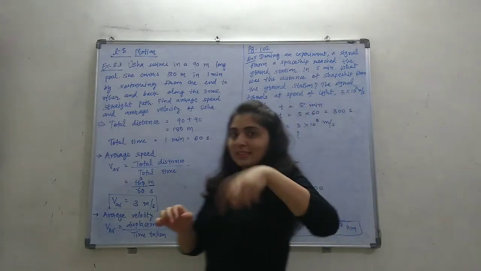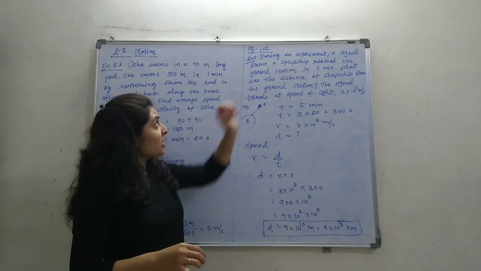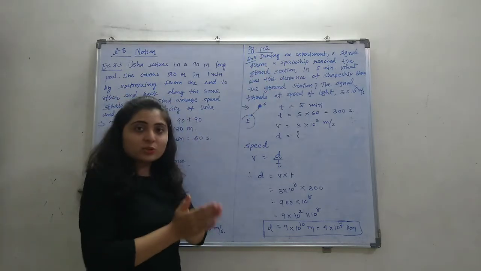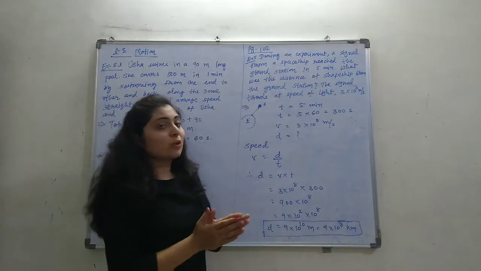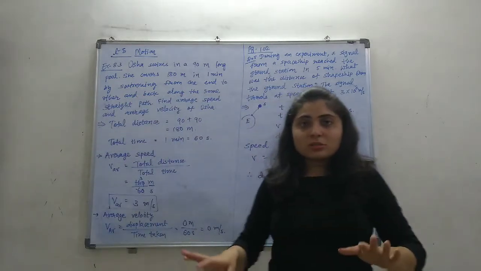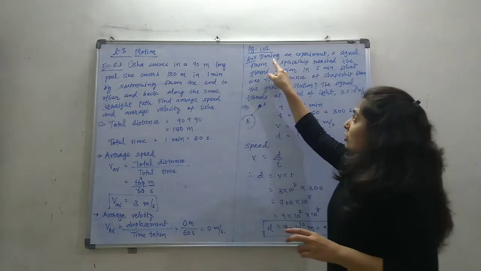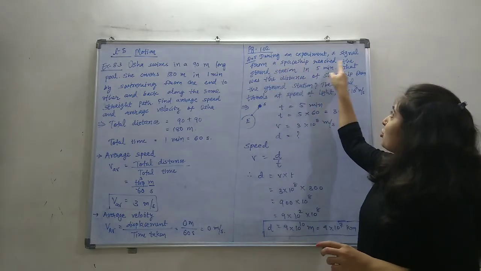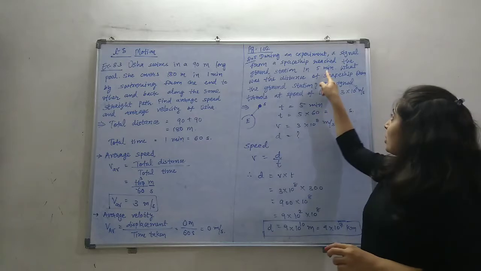Now related to this, in the same topic, on page number 102, there is an in-text question answer, and in that the fifth one is a numerical. So numerical, I will give you here. Question 5. During an experiment, a signal from a spaceship reached the ground station in 5 minutes.